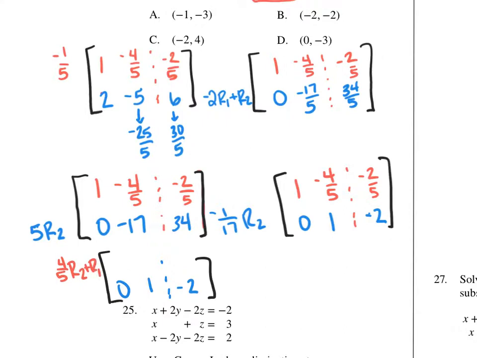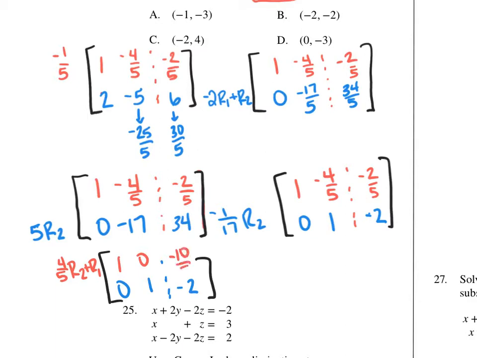Dash R1. So again, 4/5 times 0 is 0, plus 1 is 1. 4/5 times 1 is 4/5, plus a negative 4/5 is 0. 4/5 times the negative 2 is a negative 8/5. Plus a negative 2/5 is a negative 10/5.